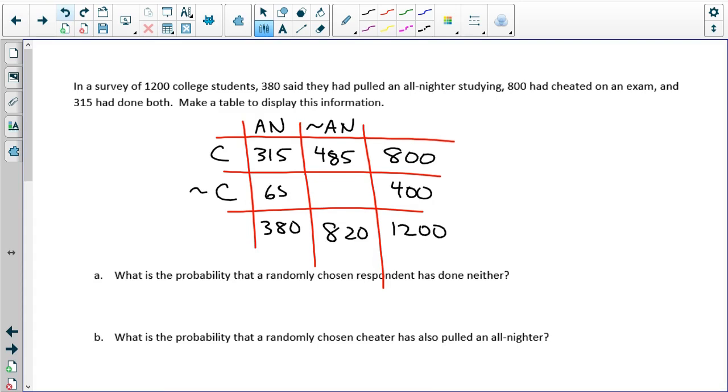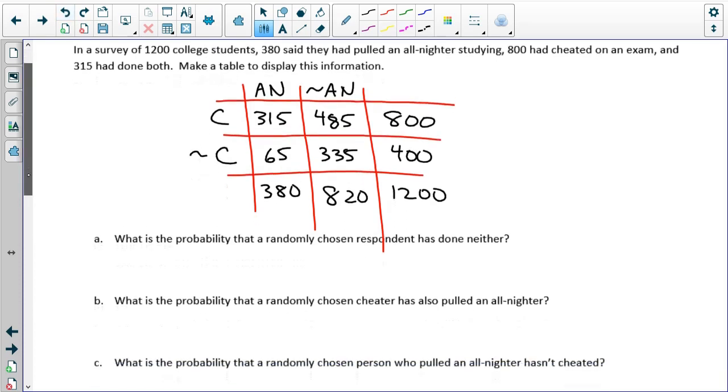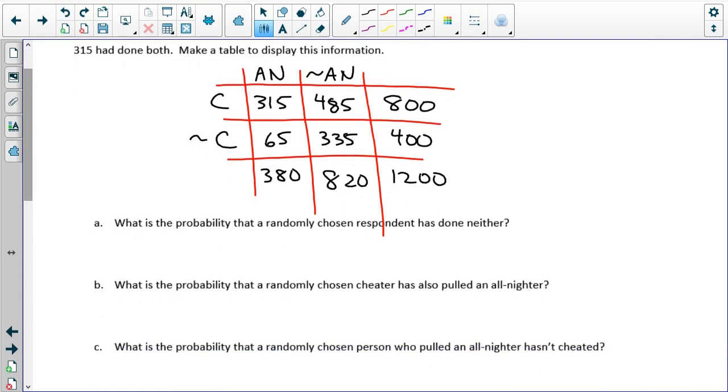So I have 65 all-nighter people that haven't cheated. I have 335 non-all-nighter, non-cheater people. What is the probability that a randomly chosen respondent has done neither? So that's 335 over 1,200.